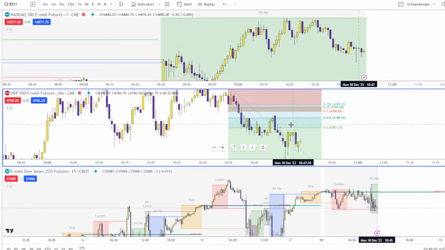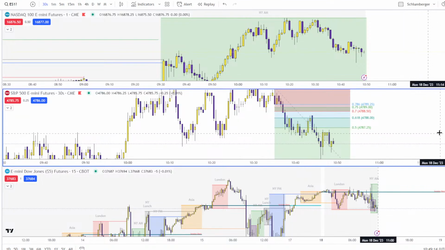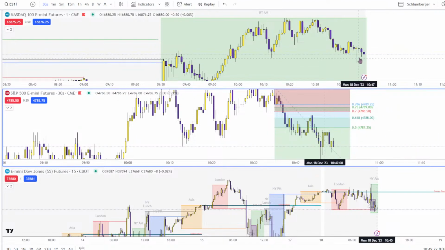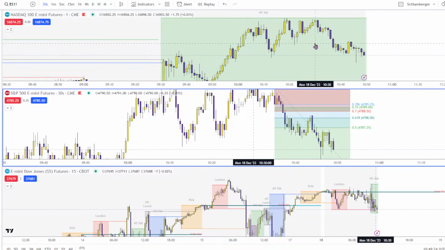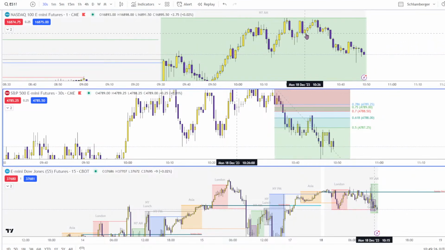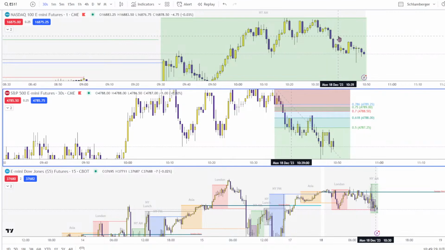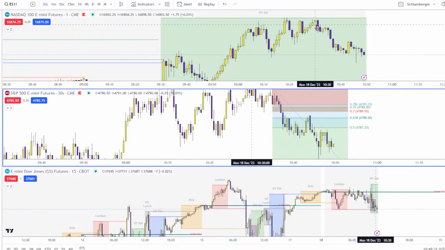Otherwise, it can dip all the way into that, clean this out, liquidity out one more time, which is 50%, just over 50 to continue down. I like to see this one run right up into here one more time and then get short from there.